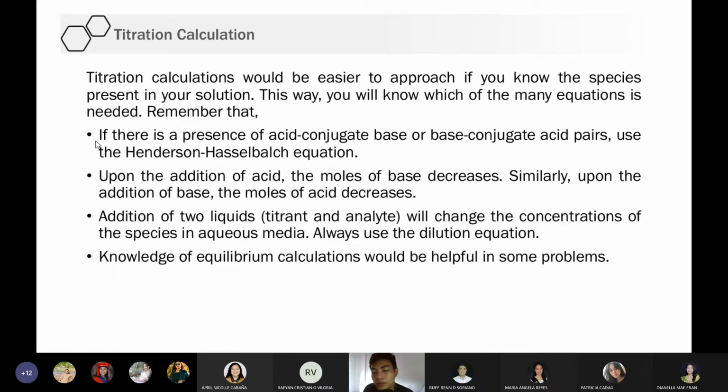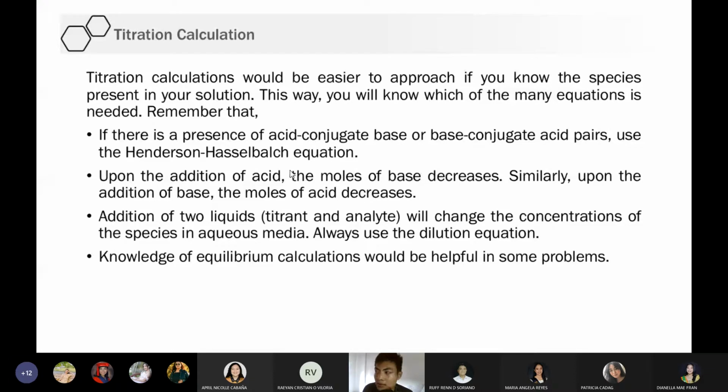If you want to compute the pH of the solution in a buffer region, use the Henderson-Hasselbalch equation. Naalala pa ba? That's pH equals pKa plus log conjugate base over acid. Kung base naman yung meron ka, that's pOH equals pKb plus log conjugate acid divided by the base.